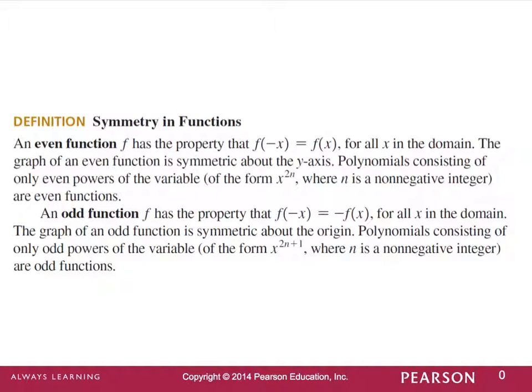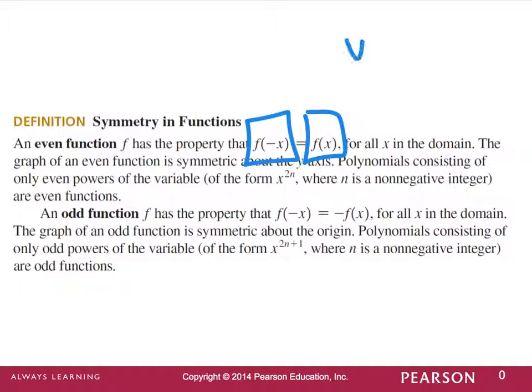We actually name these functions. We call functions even if we are symmetrical about the y-axis, where putting a negative x value into the function is the same as putting in that positive. So we call that an even function.